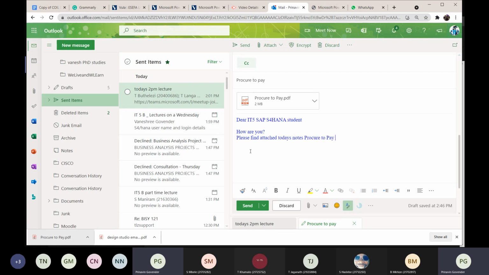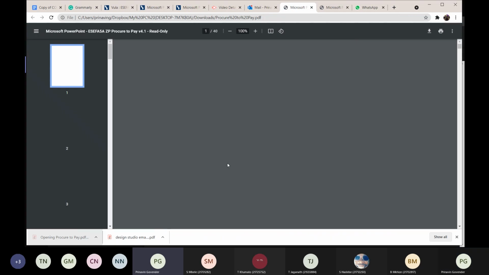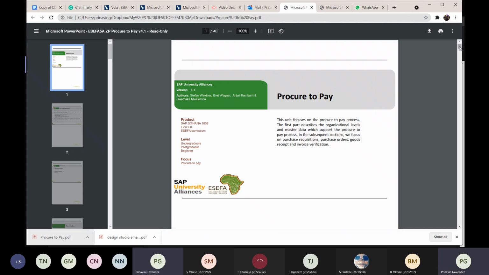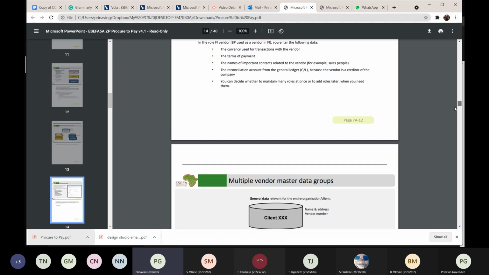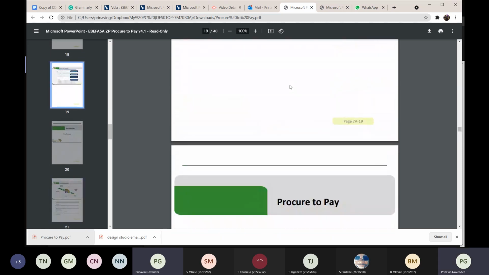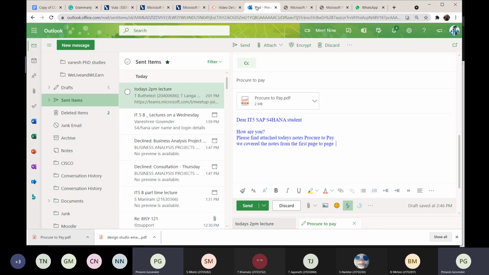Procure to pay. We covered the notes from the first page to page 19.